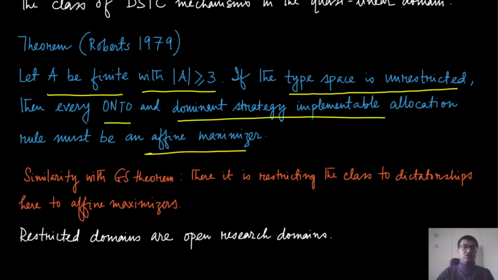So this is a very strong result. The previous theorem that we have just proved is saying that an affine maximizer with this property of INA can be dominant strategy incentive compatible. But this is saying the other way around. It is saying that if you look at any onto and dominant strategy incentive compatible allocation rule, then it must necessarily be an affine maximizer.